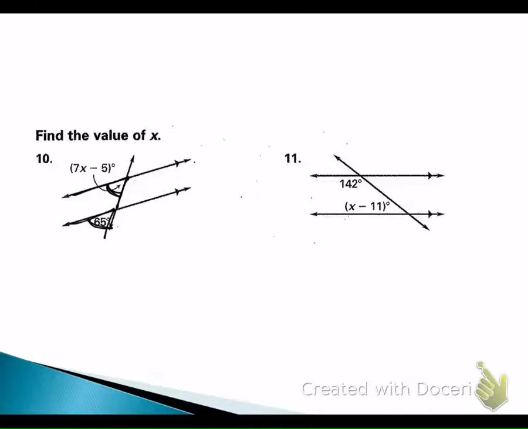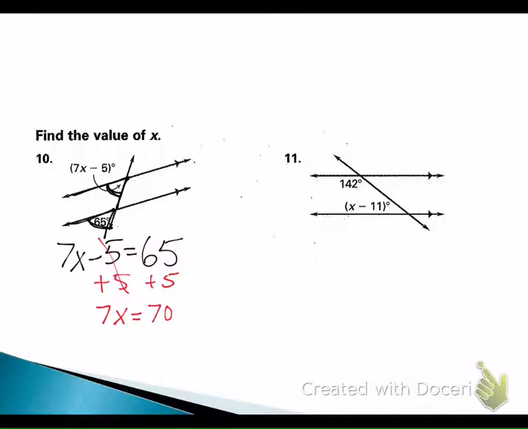What do we know about corresponding angles? You wrote it in your notes. Congruent. Congruent means equal. So I'm going to make these equal to one another. Then I'm going to solve for x.